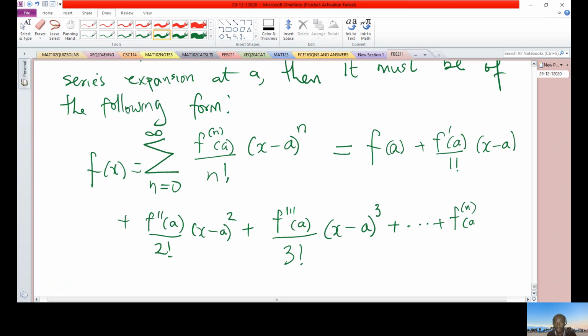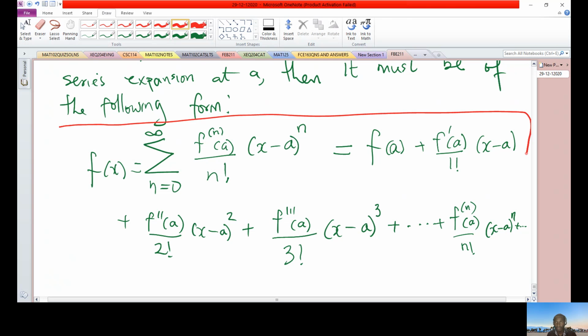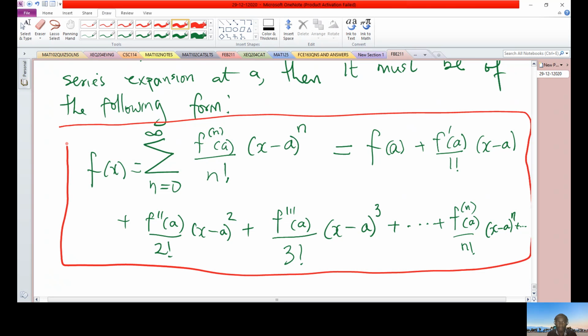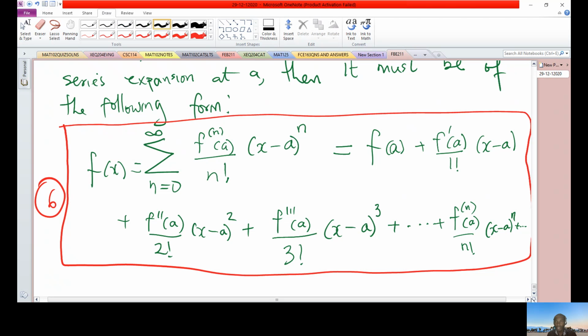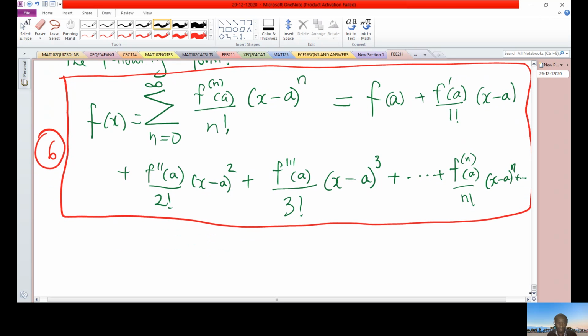The nth derivative at a over n factorial times (x minus a) to the power n, plus other terms. Let's call this equation 6.